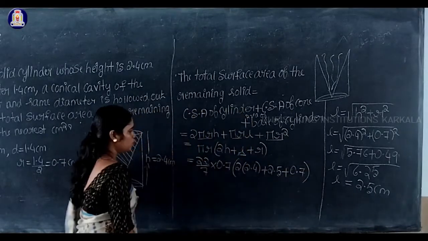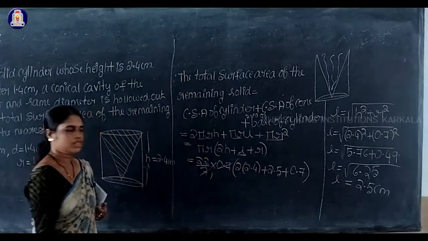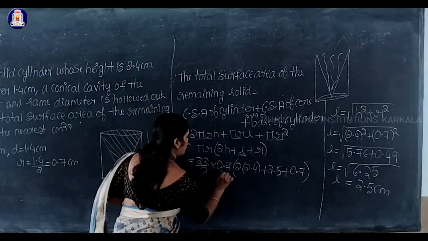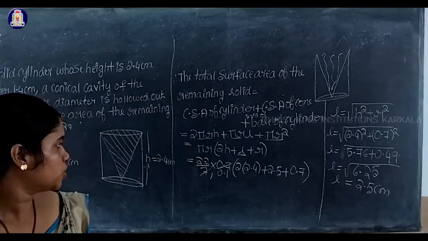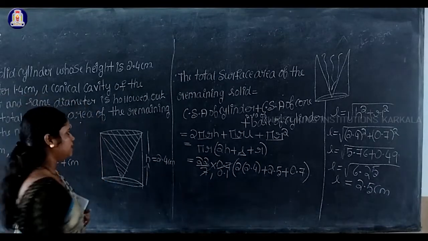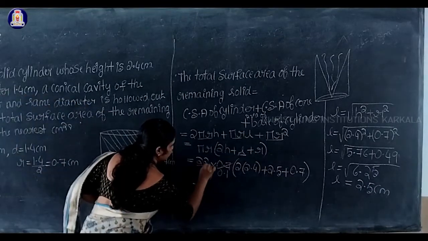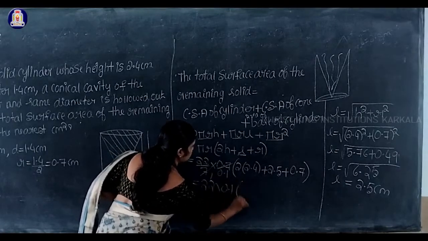Okay. So now 7 ones are 7, and how much is 0.7? 7 into 0.1 equal to how much? 0.7, isn't it? Okay. So now multiply. This is equal to 22 into 0.1.